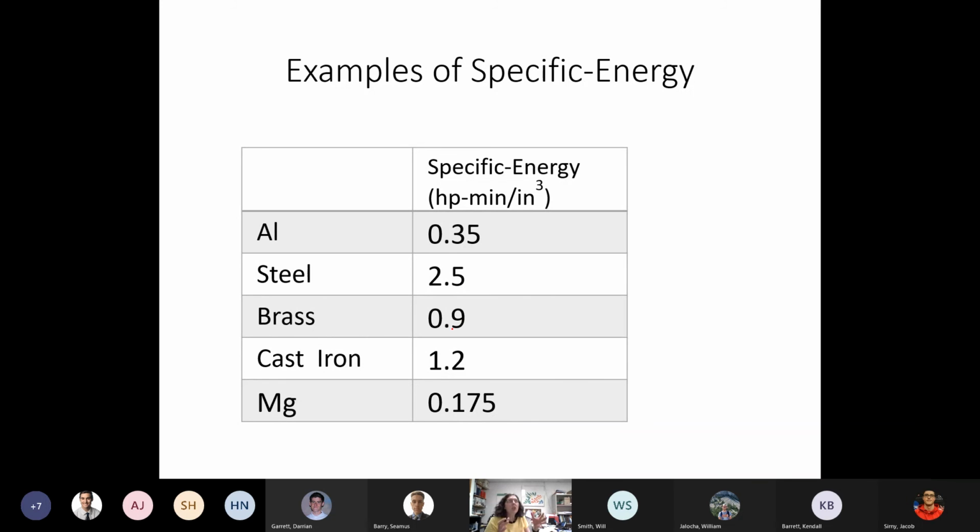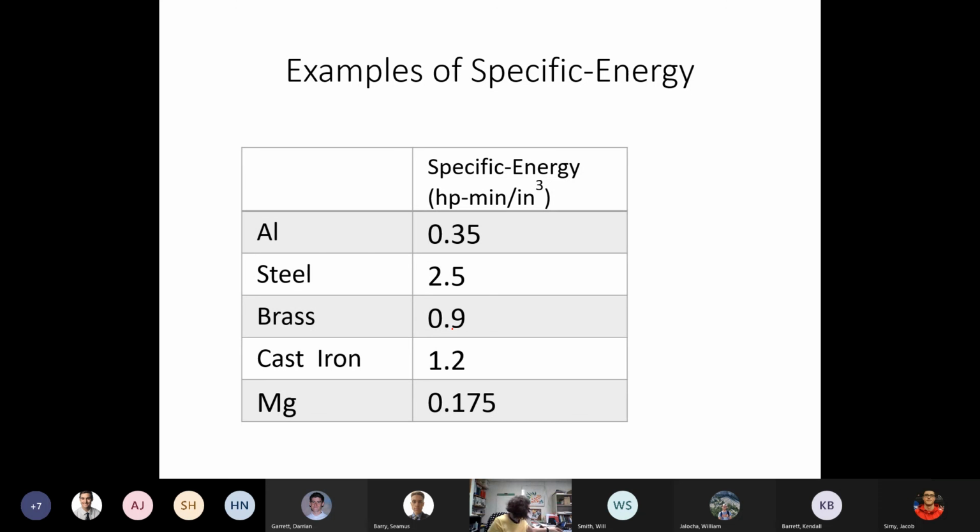So if we were machining a particular material under certain conditions and it was brass, and we changed to steel and didn't adjust anything, it would take about 2.5 to 3 times more power in order to do the steel. And again, our machines are often rated by power.